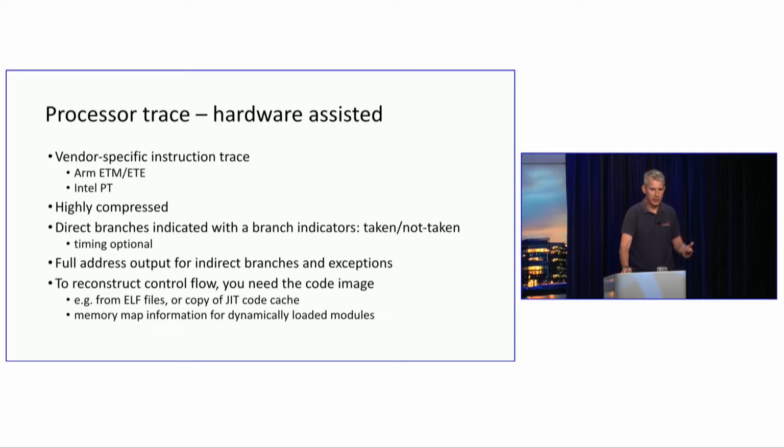Was it in a dynamic library? Was it in somebody's code cache? If you've got the source for the code, is it actually what was there at runtime, or has it been patched? So you've always got that problem. But with this hardware trace feature, it's like a double problem, because even to decode the trace and follow the program flow, you have to have access to the code.